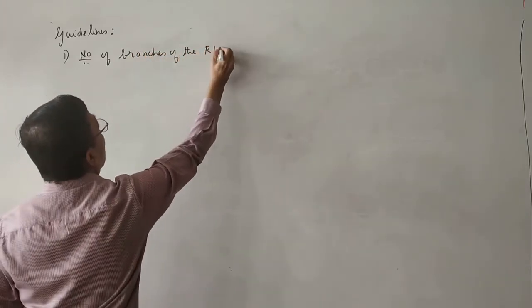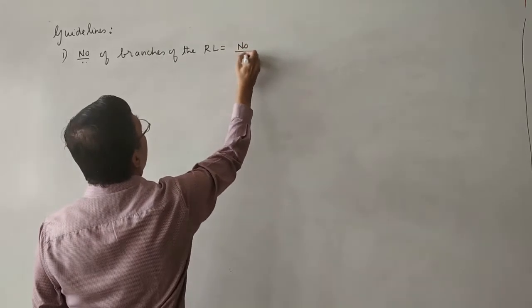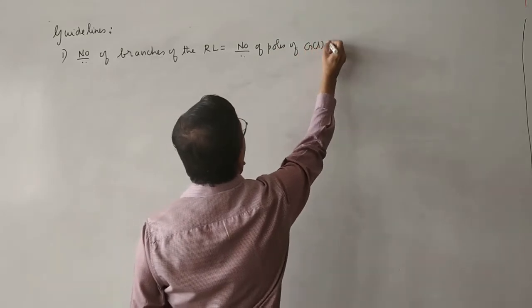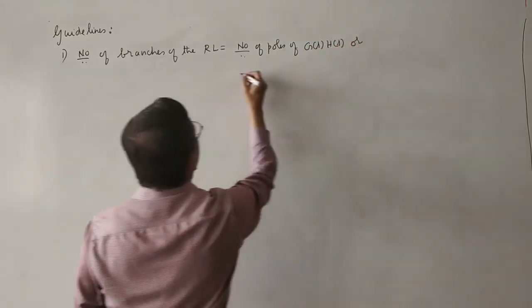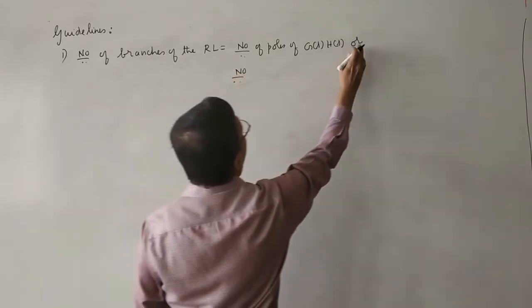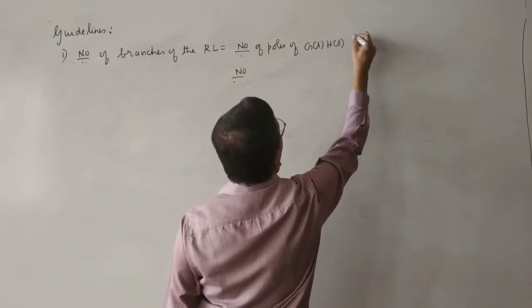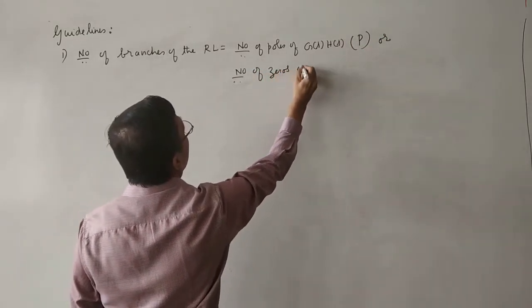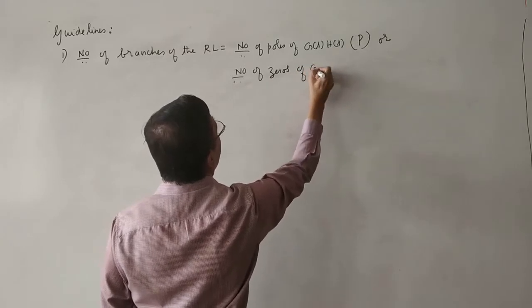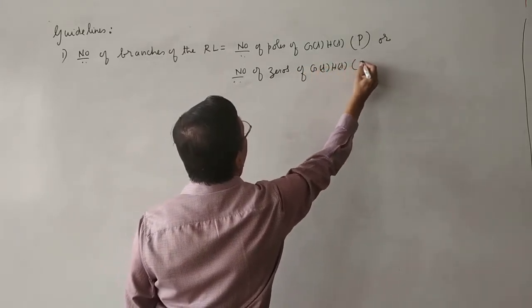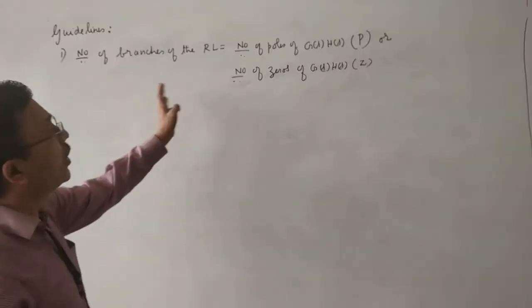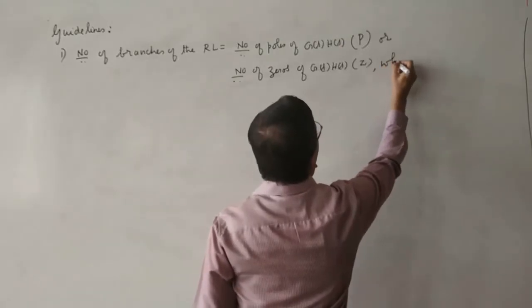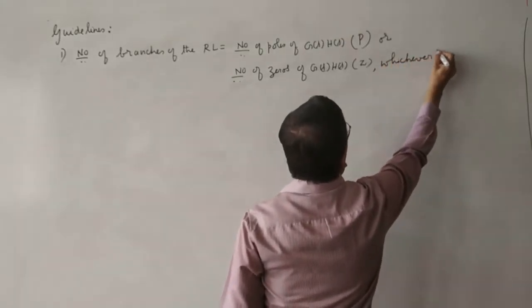RL means root locus, is equal to number of poles of G(s)H(s), denoted by P, or number of zeros, meaning finite zeros, of G(s)H(s), denoted by Z, whichever is greater.